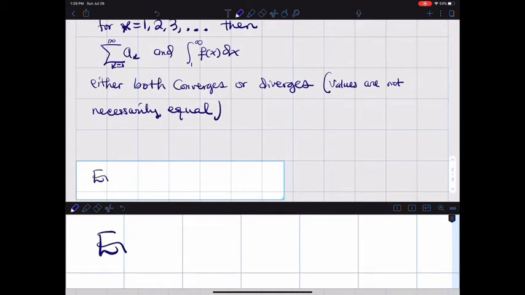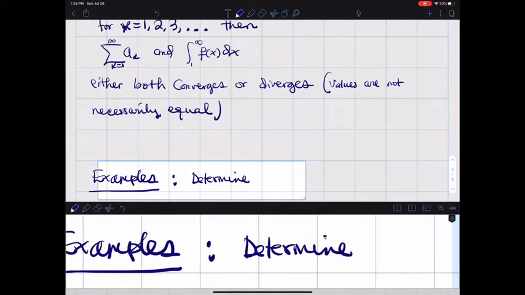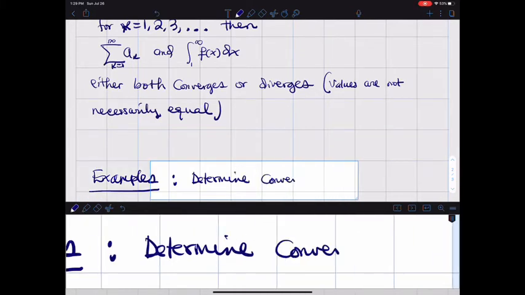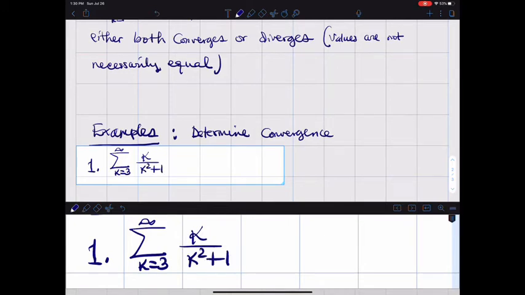So we want to determine convergence. Does it converge? Does it diverge? We have the summation k from 3 to infinity of k over k squared plus 1.